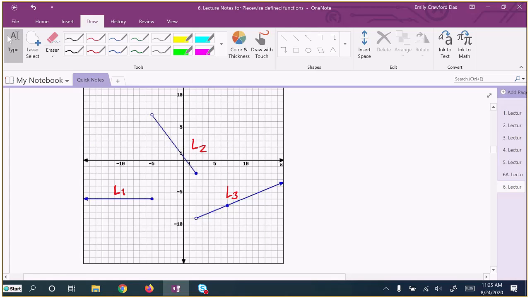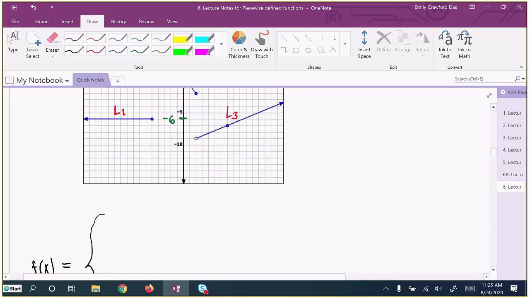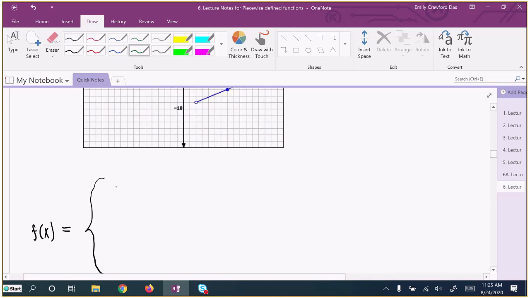Then I need to find the equation of each of these lines. Well, L1 is just a horizontal line, and I know that the horizontal line just has the equation y equals whatever the height is. So in this case, y equals -6. Instead of writing y equals, because the y equals is already basically taken care of by this thing, I'm just going to write -6.